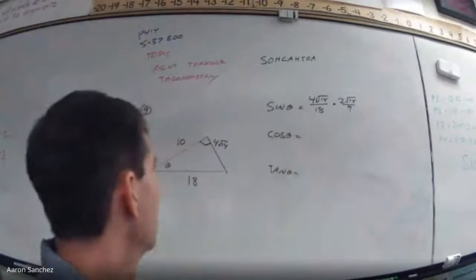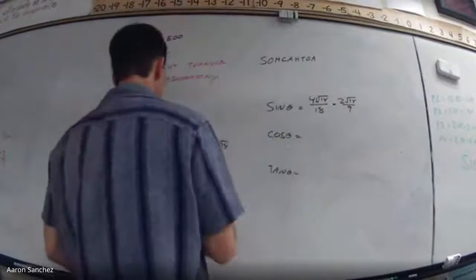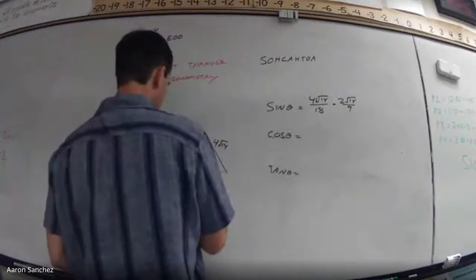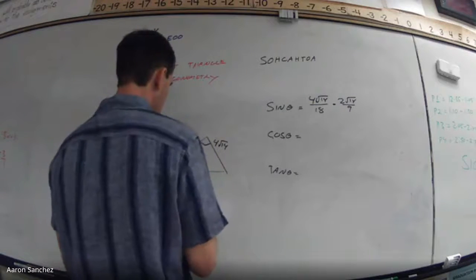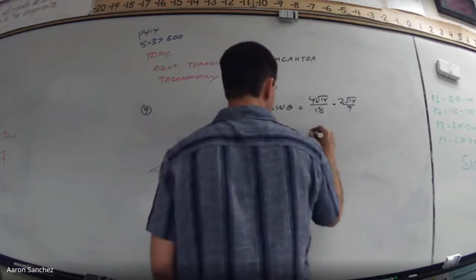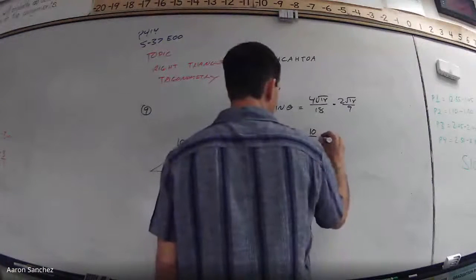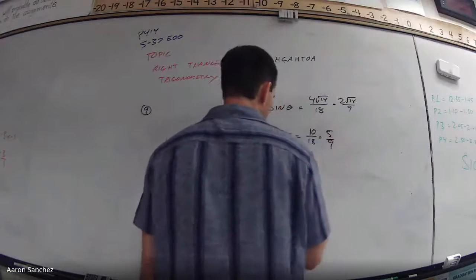Okay, cosine is adjacent over hypotenuse, which is 10 over 18, reduces to 5/9.